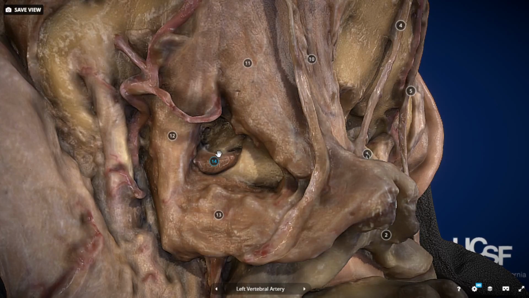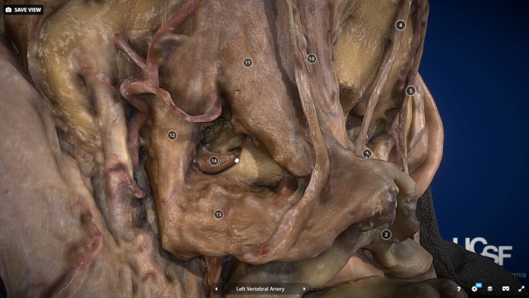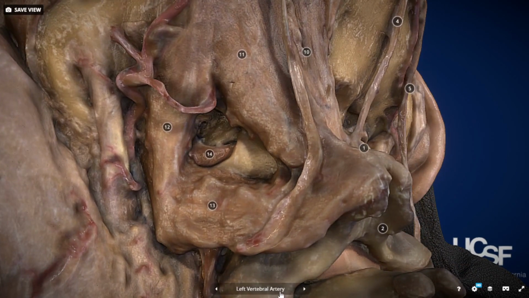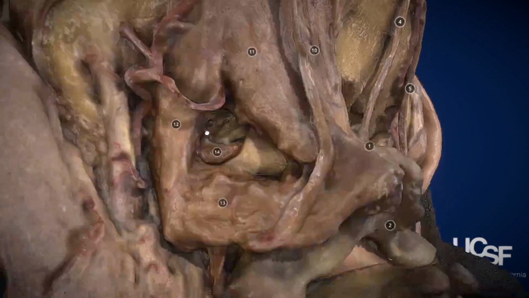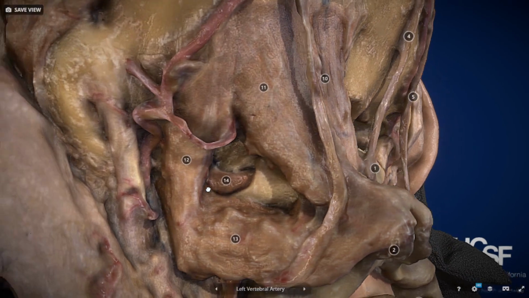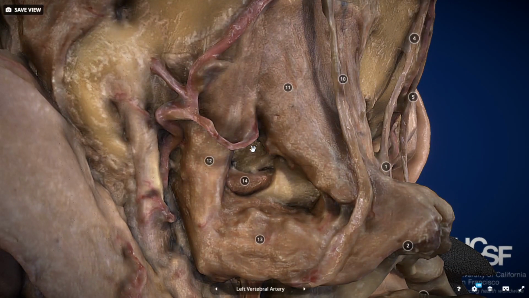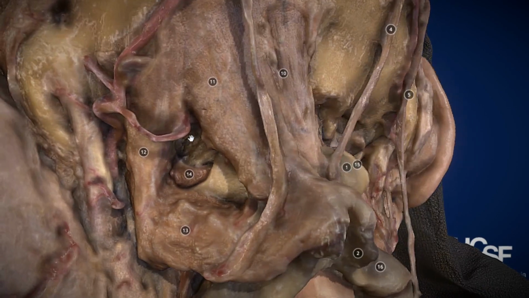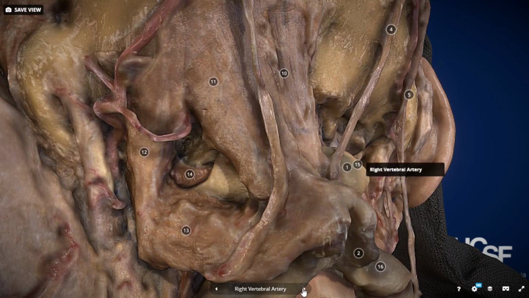Just posterior to the vertebral artery, we're going to find the C1 nerve root or the suboccipital nerve, and we can also see some branches from the occipital artery that are usually forming an anastomosis with the vertebral artery. It's important to remember that there's also vertebral plexus in this region that is likely to bleed when exposing this area.